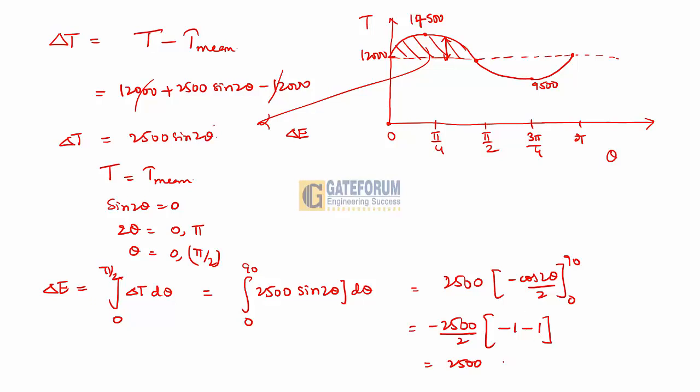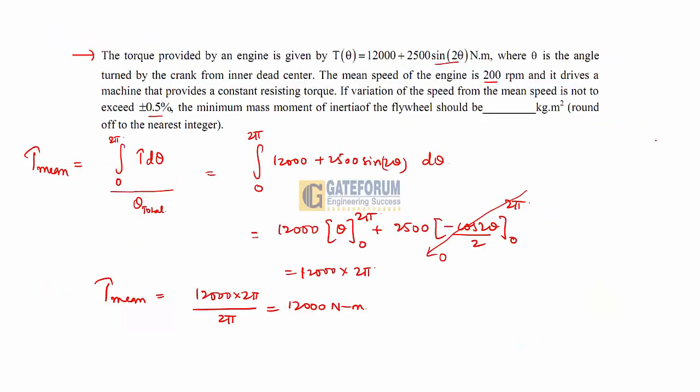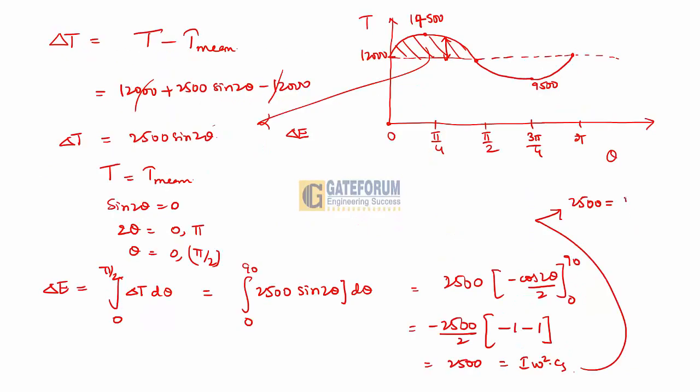So delta E is equal to I omega square CS. Here 2500 equals I, and the minimum mass moment of inertia I is required to be calculated.